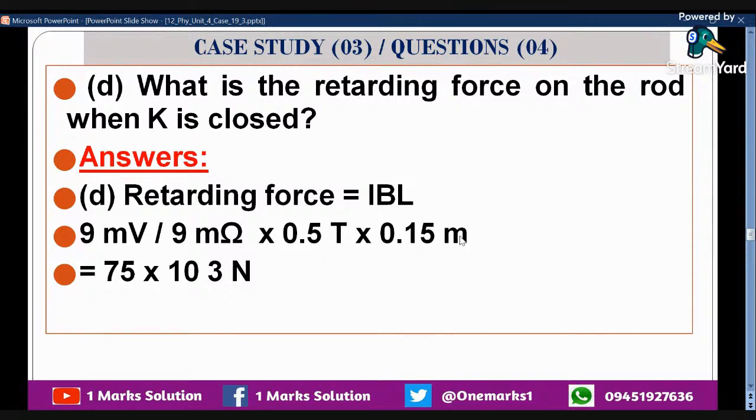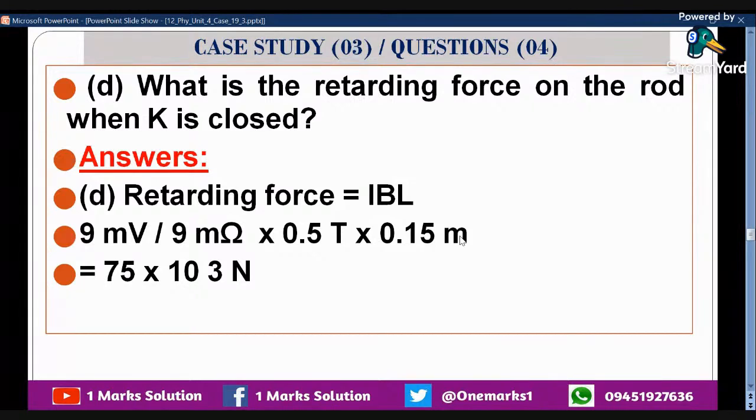Here, in the first condition, we have discussed that all three are perpendicular, that means 90 degrees, so theta is 90 and sin 90 is equal to 1. So we are getting the maximum force ILB. I is given, B is given, and L is given, so you will get the answer. The answer is 75 into 10 raised to minus 3 Newton.